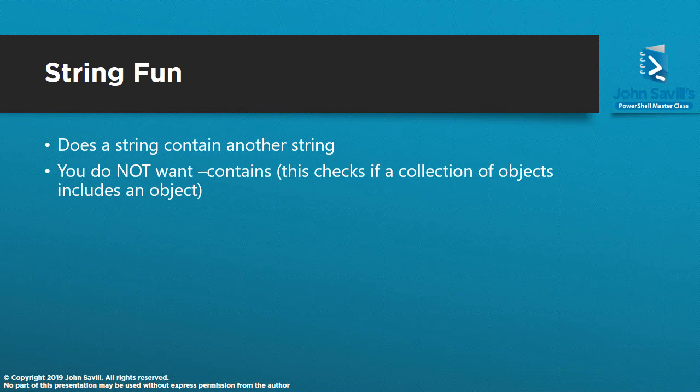I think of it that I have an array of objects, and I'm asking, does this array of objects contain this object? I don't want to do that. I'm trying to find out, does this string contain this substring? So what I want to use in this scenario is like.